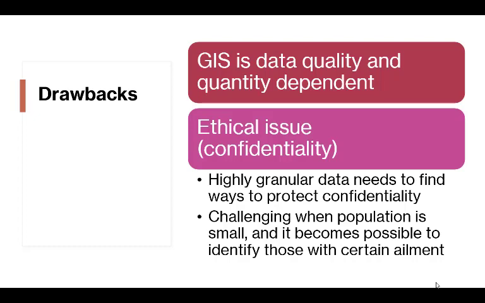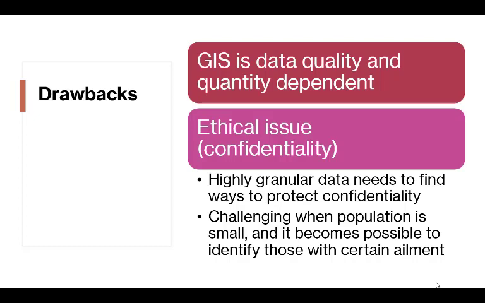If you have carried out a survey in a local government, or let's say a village made up of maybe about 50 or 60 people, and you found out that about 10 of them have HIV or cancer or a particular ailment, and you have georeferenced their households, okay? If you prepare a map and plot that, it becomes easy for somebody to say, oh, that is the house of the person that has such an ailment.